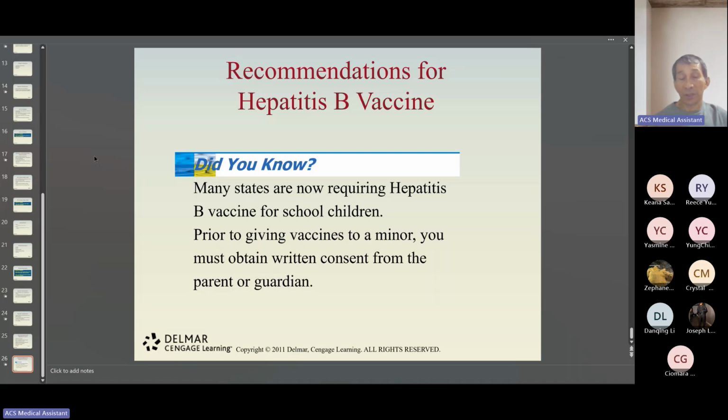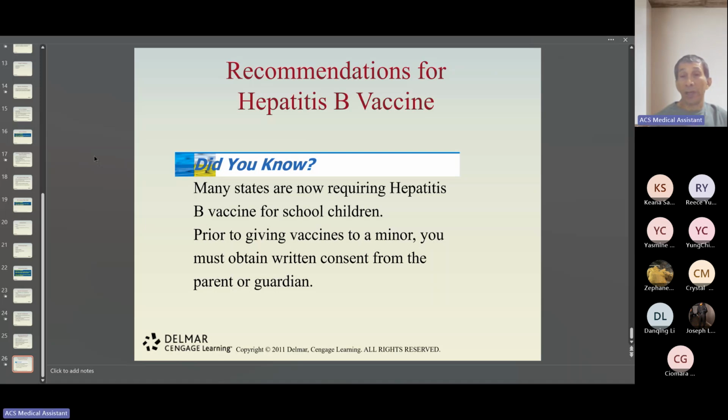There is no vaccine for HIV, so you will not be offered an HIV vaccine. Is the medical doctor going to order or ask you if you are HIV positive? No, that's a violation of privacy. No one should ask you if you are HIV positive or not to give you employment.